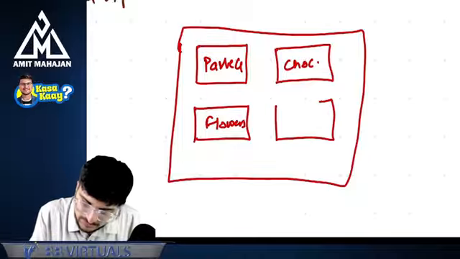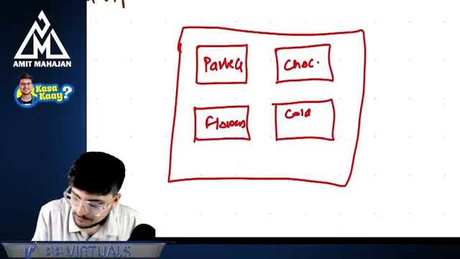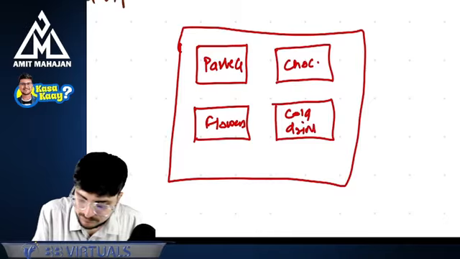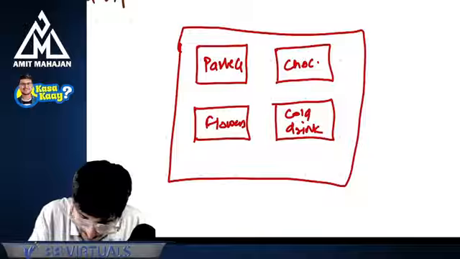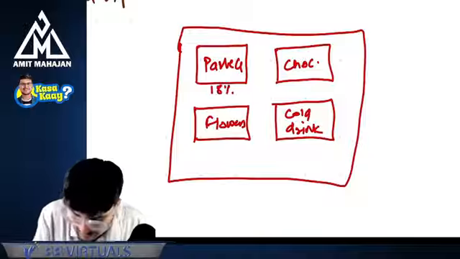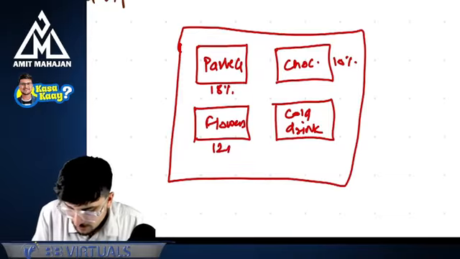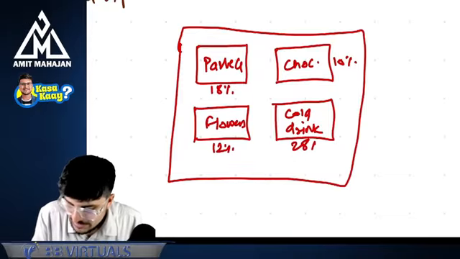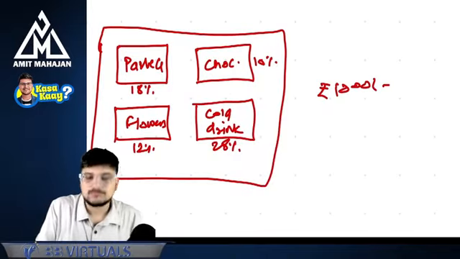Then I bought a cold drink, and I made a hamper of that. If you see independently, Parle G is charged at 18%, chocolate 10%, flowers 12%, and cold drink 28%. And this entire hamper is getting sold for 1000 rupees.